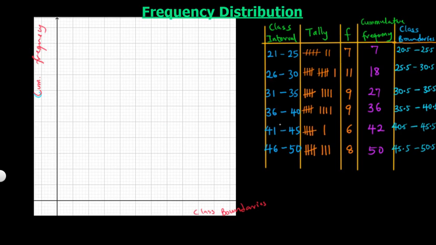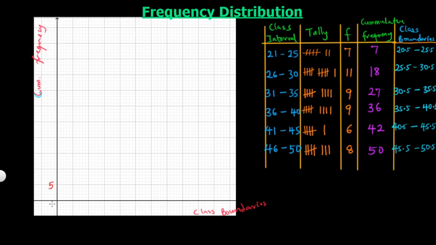Now, let's look at it. My cumulative frequency, based on what we have here, the highest is 50. So I can start that. To make it conspicuous, look at this graph. I can use two boxes for just 10, 20, 30, 40, 50. So I can say this is 5.